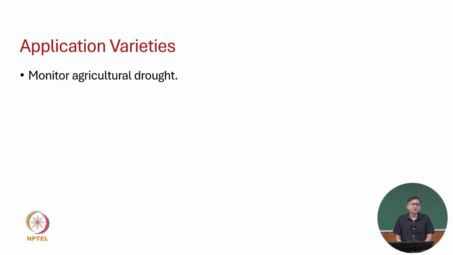Think about the monitoring of agricultural drought, which is very important. You can think about what type of images might be helpful. Is it again a single image problem or a time series problem? Would you be able to get a proper sense of drought from just a single image?